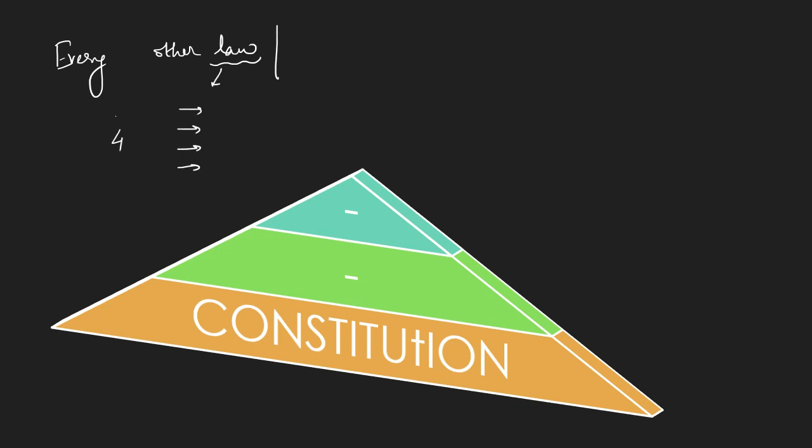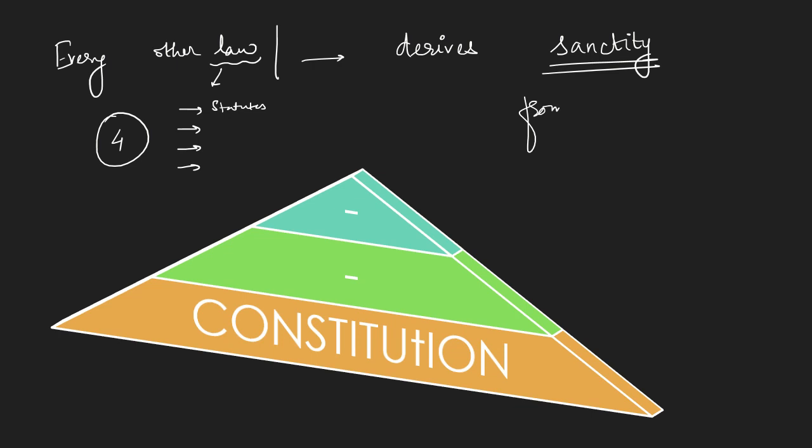Remember this, right? When I say law, do not think only of statutes, because that's only the first kind of law. So every other law derives its sanctity from the Constitution.